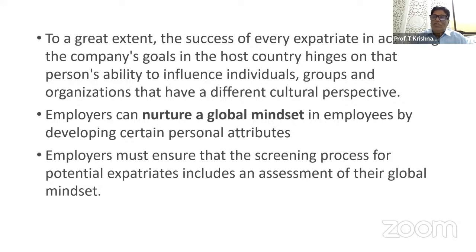Employers can nurture a global mindset in an employee by developing certain personal attributes. Employers must also ensure that the screening process for potential expatriates includes an assessment of their global mindset.